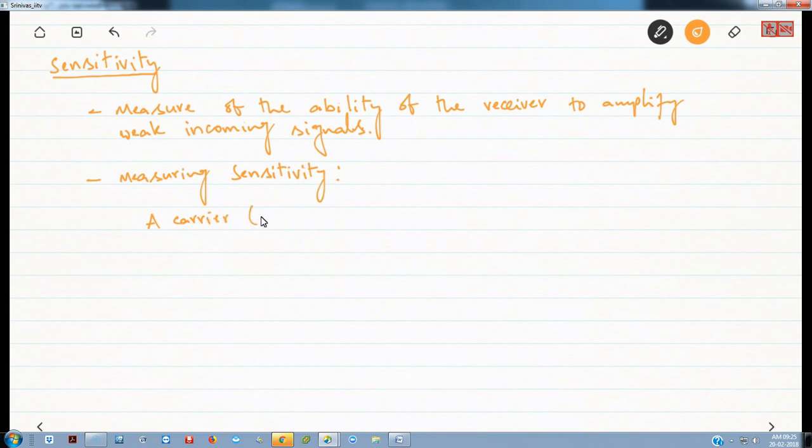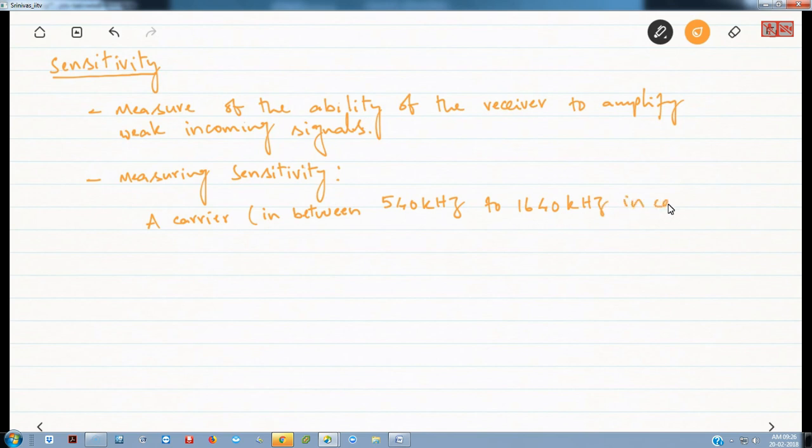We are talking about the AM range, so 540 kilohertz to 1640 kilohertz.